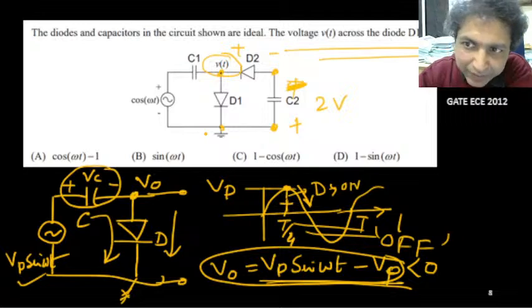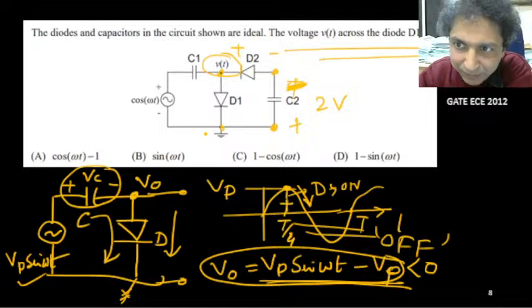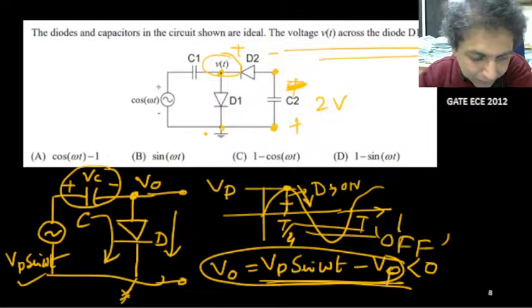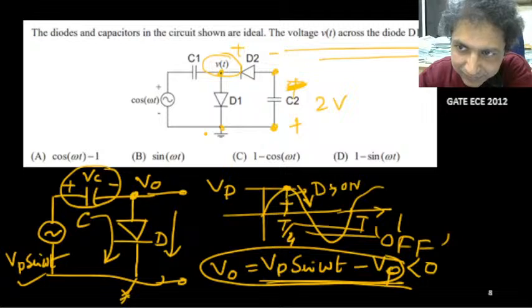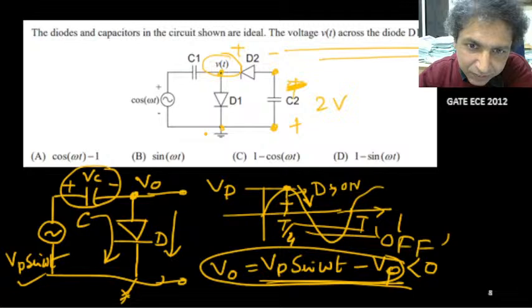So capacitor will retain their charge. That charge capacitor C1 will retain the maximum Vp, but capacitor C2 will retain 2 Vp. Take proper direction. Okay, and you can see that both the diode will be off forever.